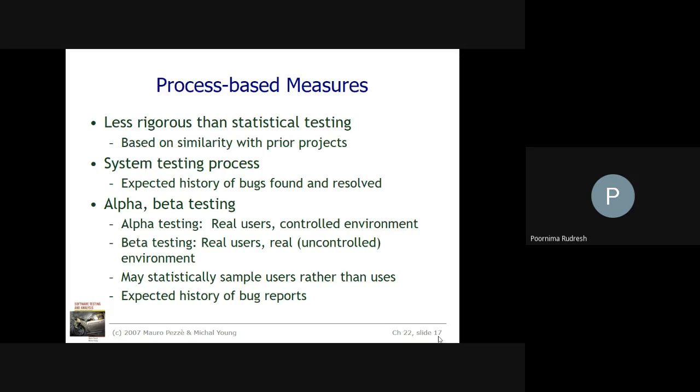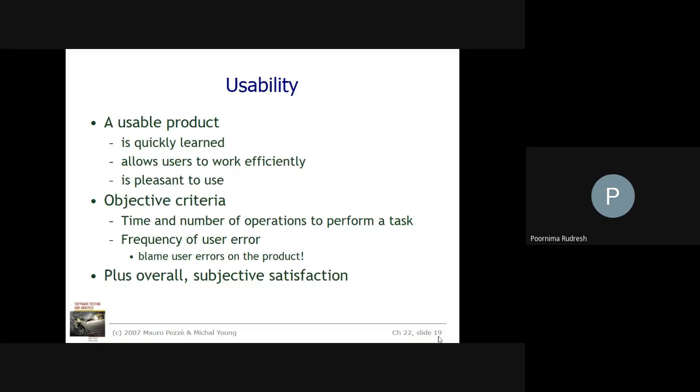For the beta testing, once again the real users will be there, but there is an uncontrolled environment. See the difference between alpha testing and beta testing. In both testing strategies, real users are involved, but the execution environment is controlled in the alpha testing and uncontrolled in the beta testing. These alpha and beta testing statistically require sample users, and the expected history of bug reports we can obtain through the alpha and beta testing.